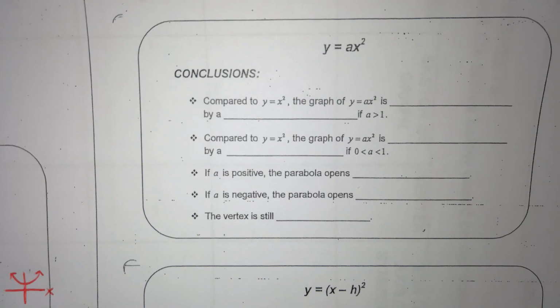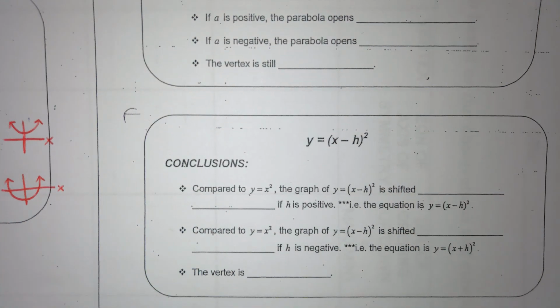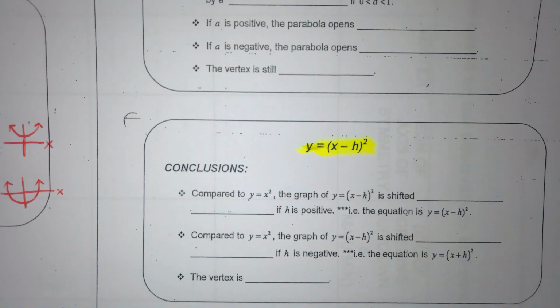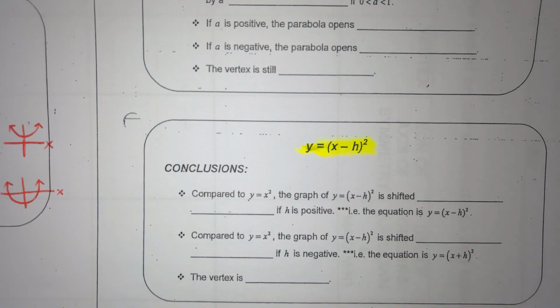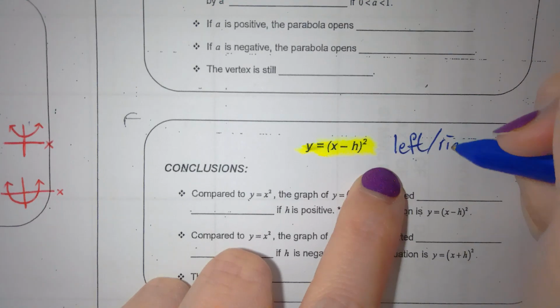Okay. So let's do this type first. Brackets. What does that tell you? Whenever you see brackets, William: shifts left or right. Good.